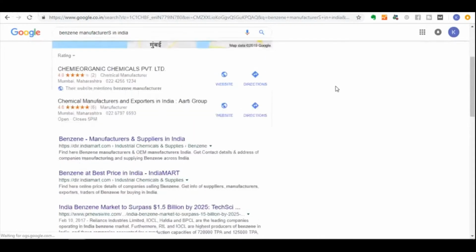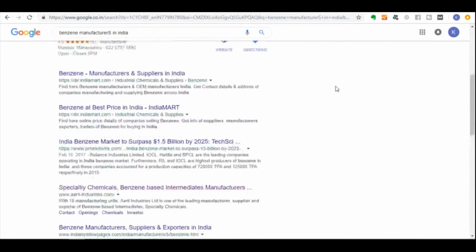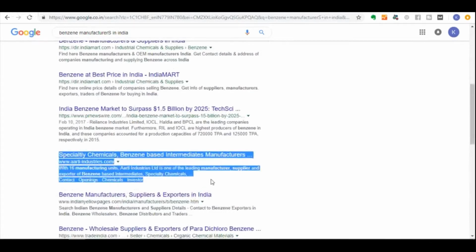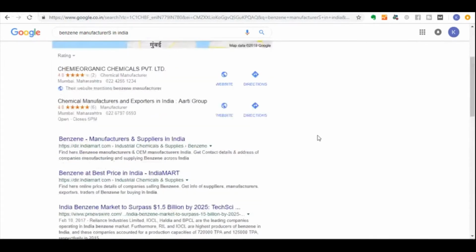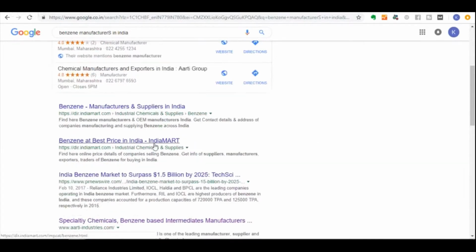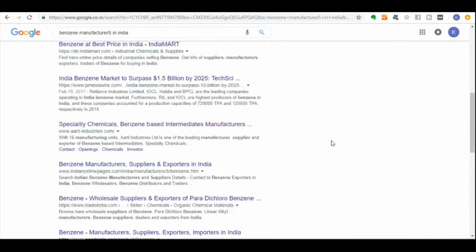Going by the five-star hotels example, one question you could ask is how come there is a company here? Because for benzene manufacturers in India, the intent should be to have a list of manufacturers. Yes, that's why IndiaMart is on the top, because they provide you a list.